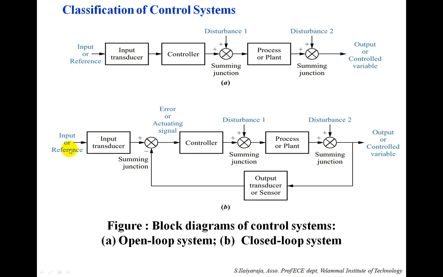But in a closed loop system, you can see the input is converted using a transducer, then it is given to a controller, then the process, then you are getting the output, and a portion of the output is fed back to the input, and an error signal is generated, and based on the error signal the controller starts to work. So if the input depends on the output, then it is a closed loop control system.